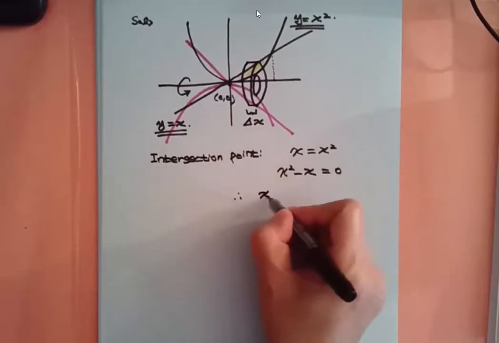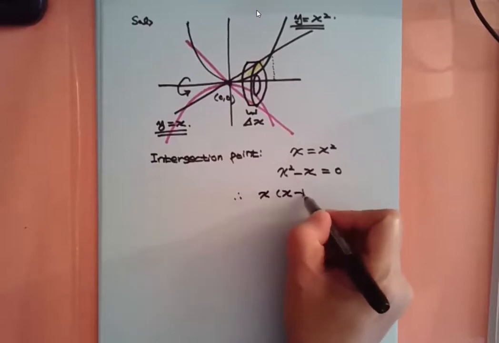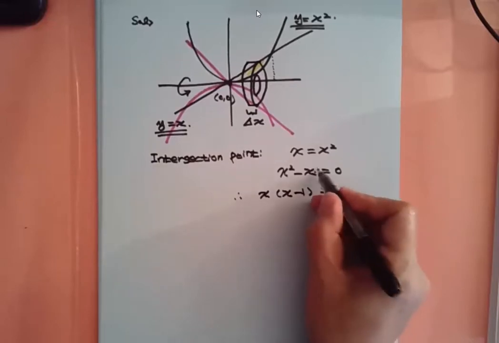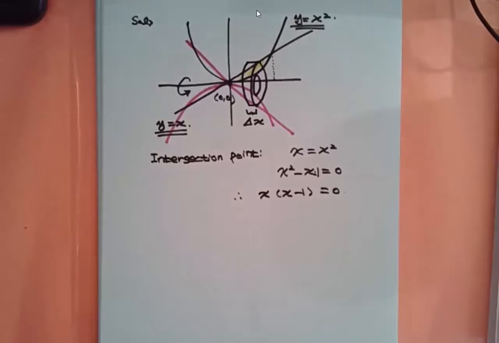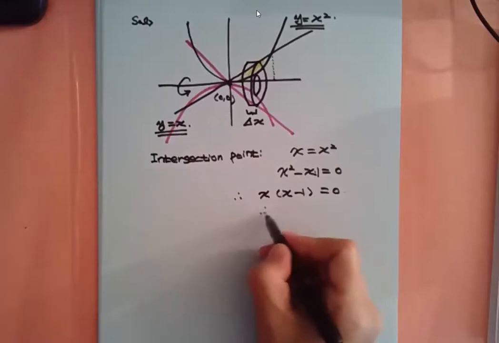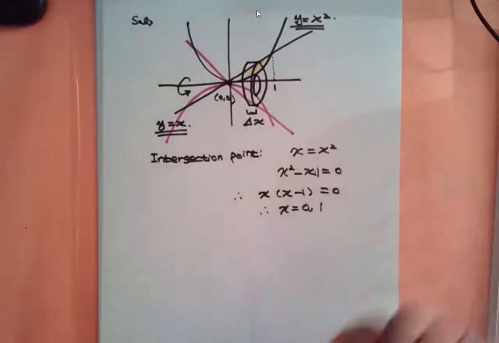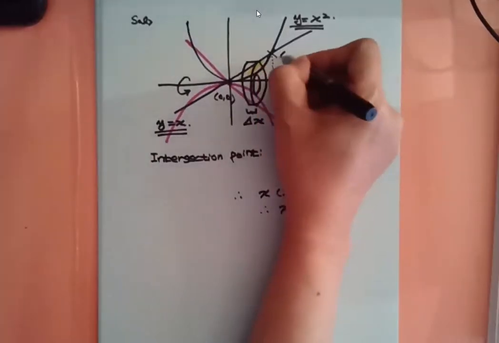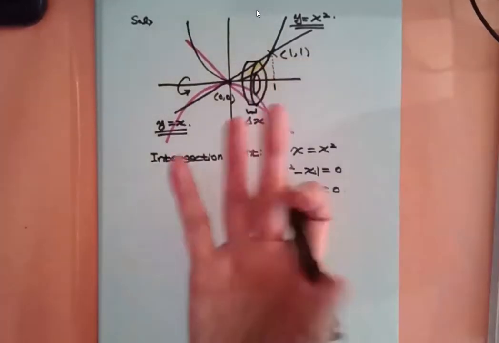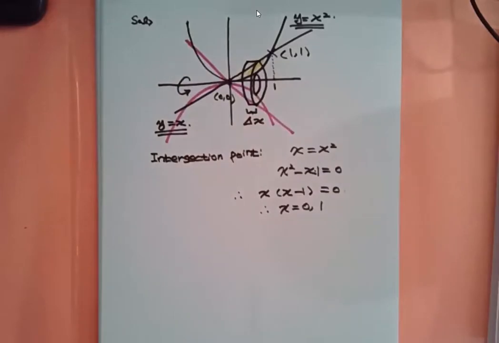So x times x minus 1 equals 0. So we just take out the common factor. So we have x equals 0 and 1. This value is 1. So this intersection point is 1 and 1 because it passed through y equals x.